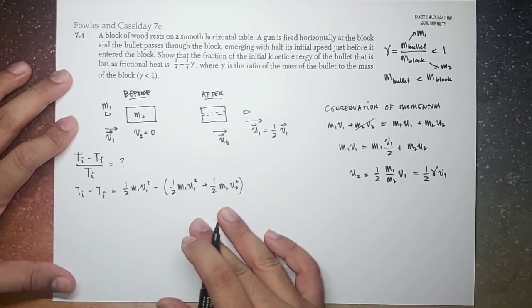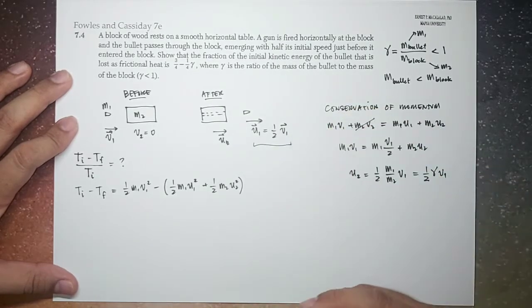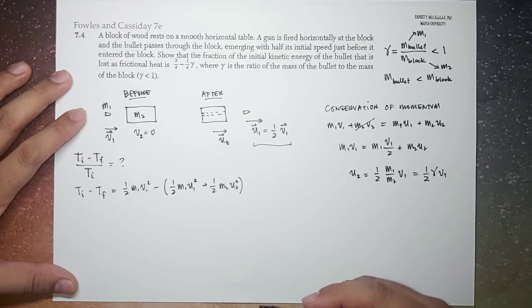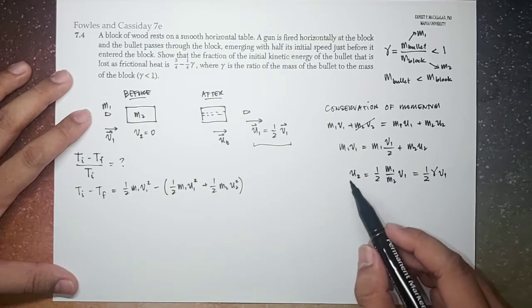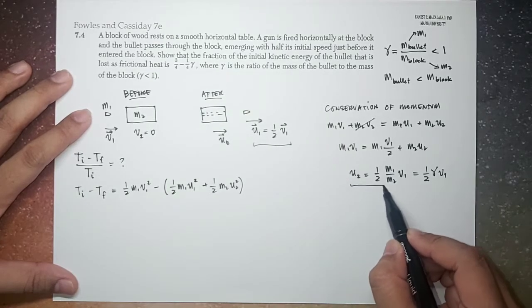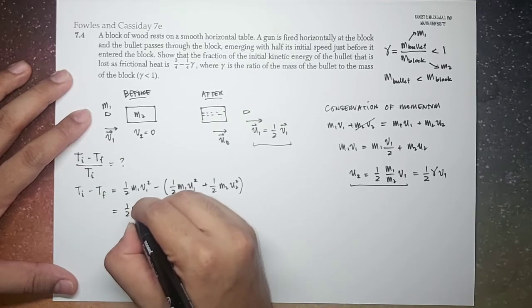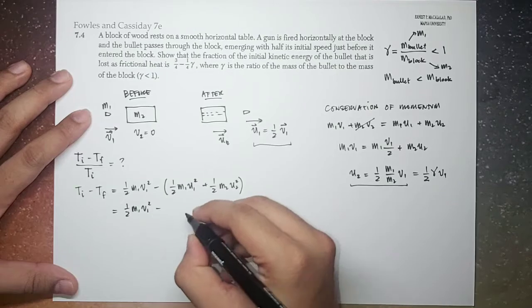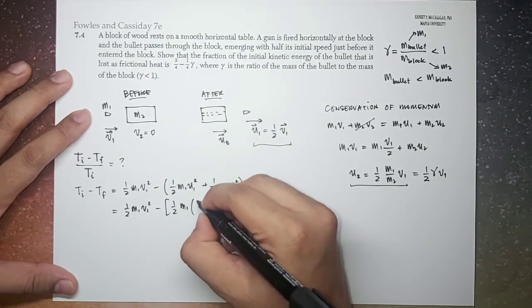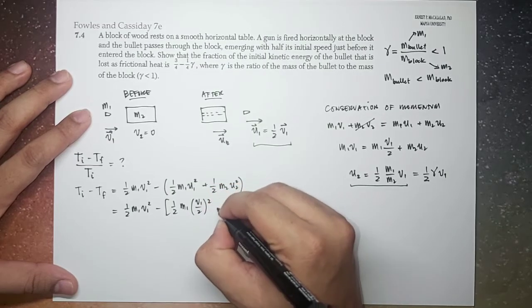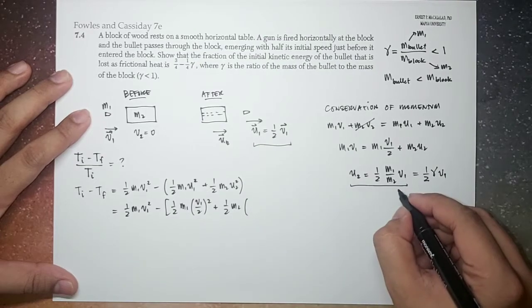After this, using these relationships, we can rewrite this as 1/2 m1 v1 squared minus 1/2 m1 (v1 over 2) squared plus 1/2 m2 u2 squared.